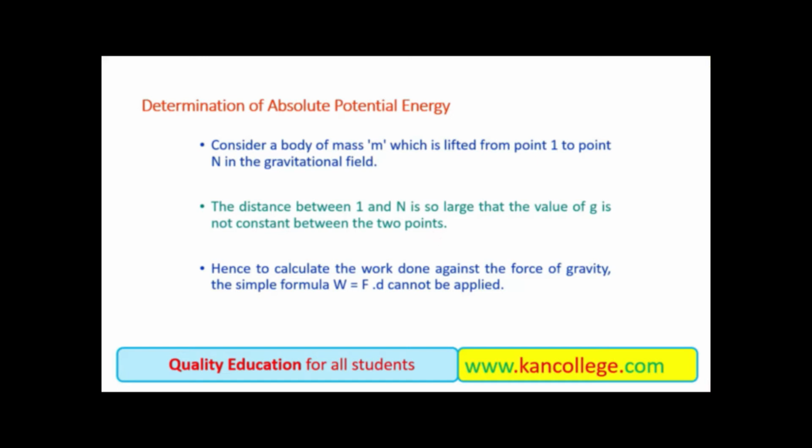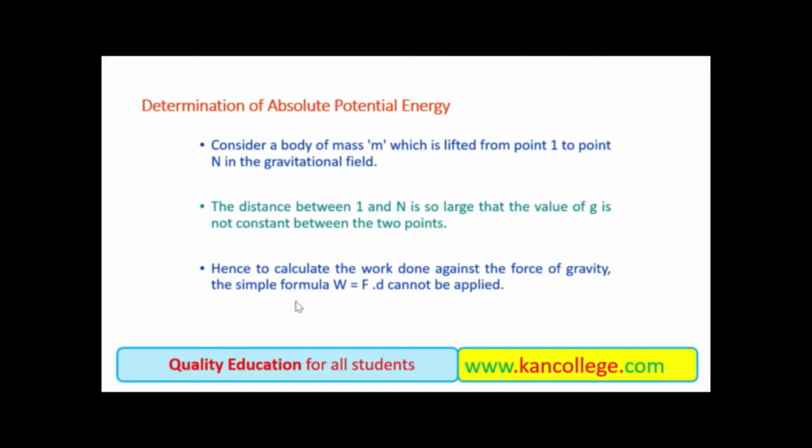As we know that point n is at such a distance that the gravity becomes zero, and it is a huge distance. So we divide the distance between the first and nth point into a large number of small distances.